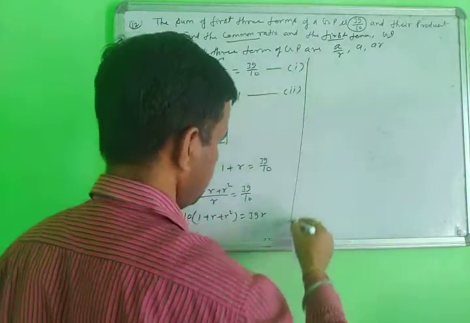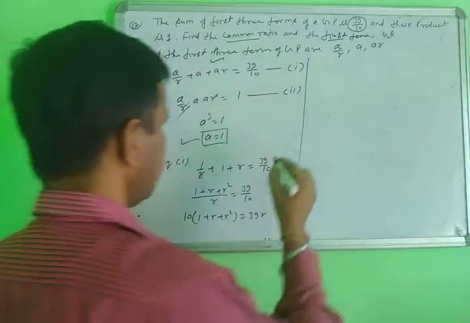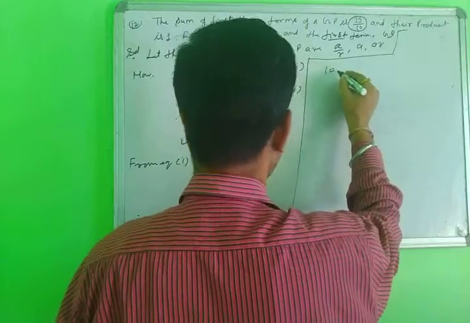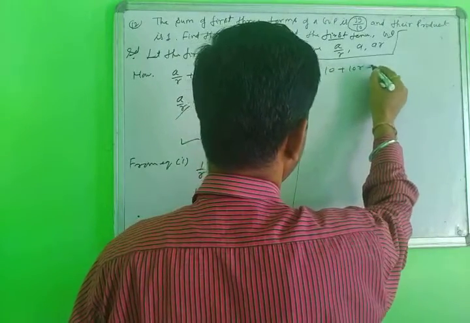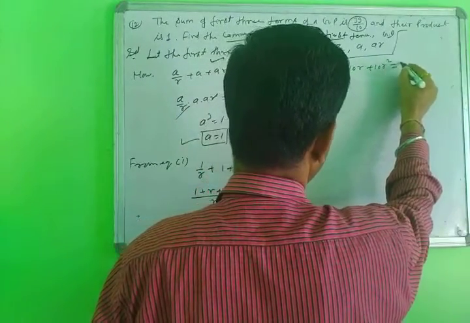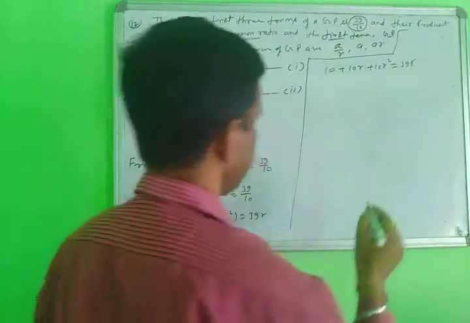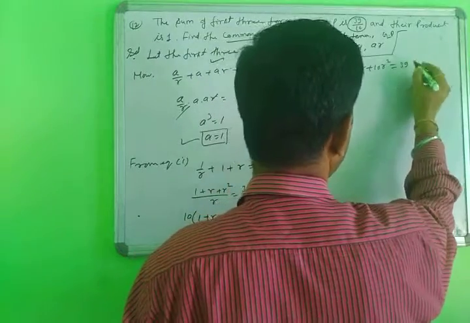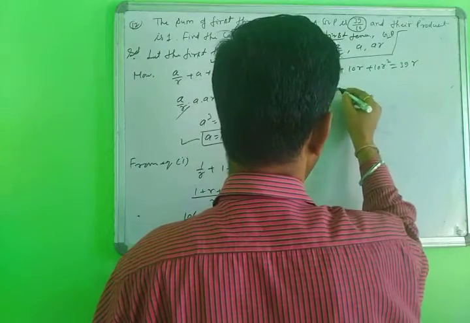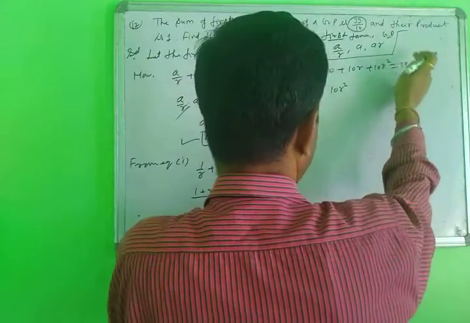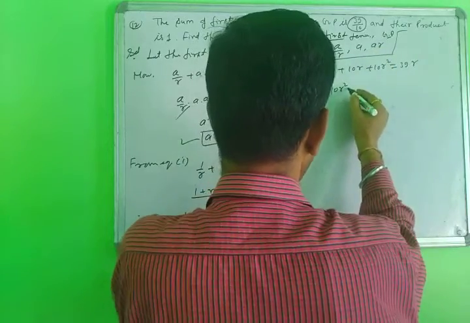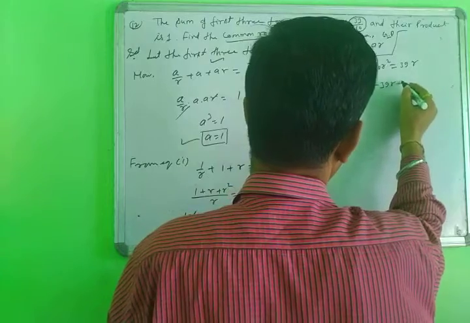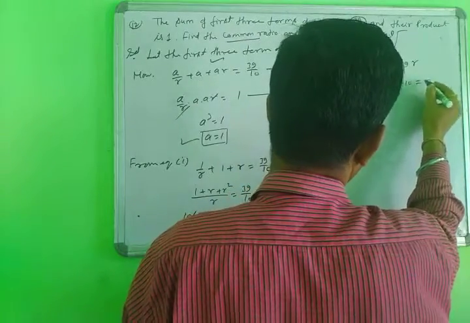Then multiply inside: 10 plus 10r square equals 39r. Moving 39r to the left, 10r square minus 39r plus 10 equals 0.